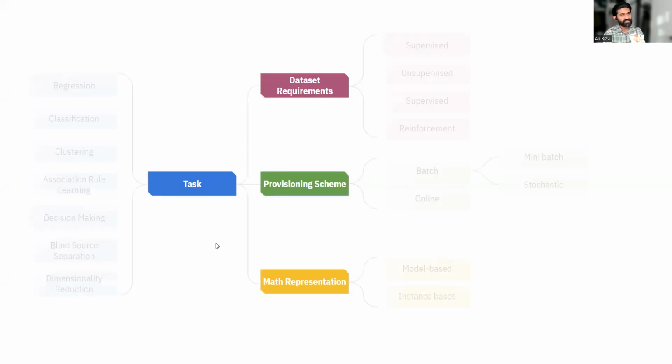But then once you have identified that task, then you can start looking at what are the requirements of your data set, what kind of processing you need to do in kind of a model, and what kind of math representation might be good for your particular task and your data set based on the model you have chosen. Once we have these four pieces in place, we can start making sense of the complete landscape of machine learning and data science models we see.